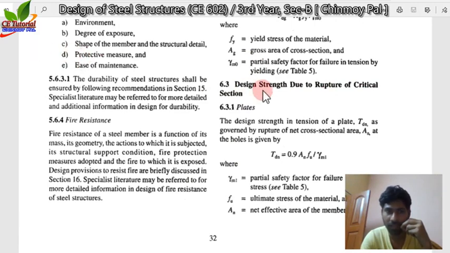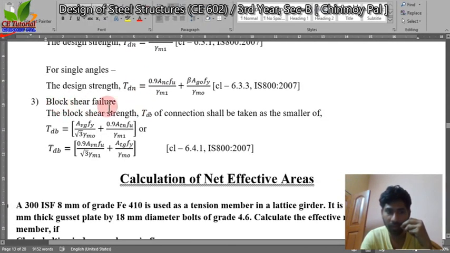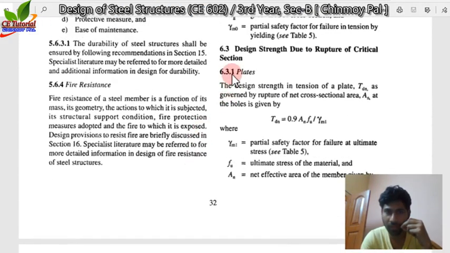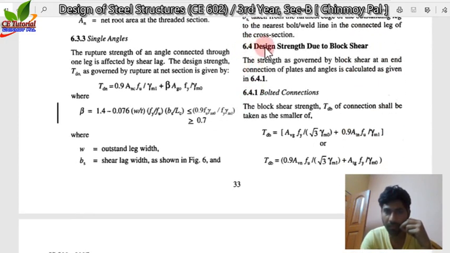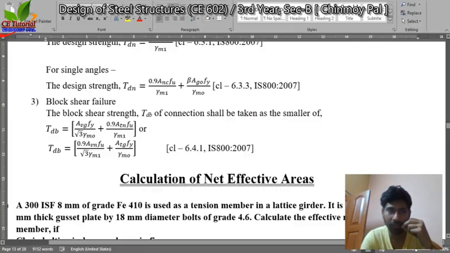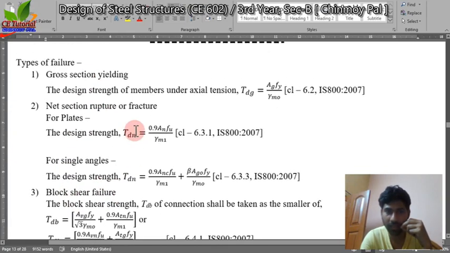So net section rupture is another criterion, and block shear failure is another criterion. That is clause 6.4, design strength due to block shear failure. That means this is another criterion. Okay, you have to follow those formulas to design a tension member.